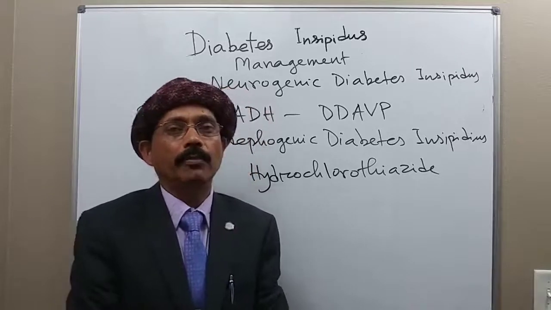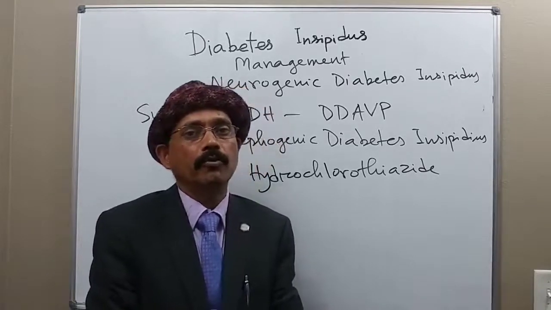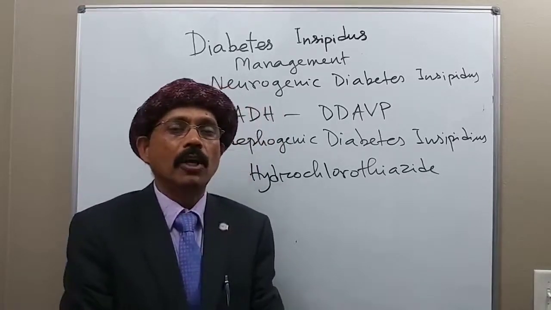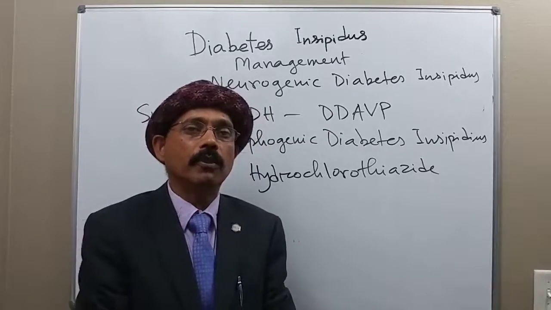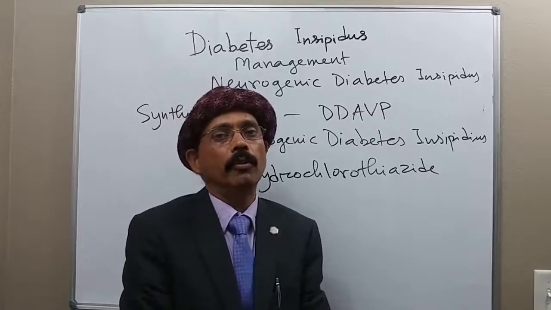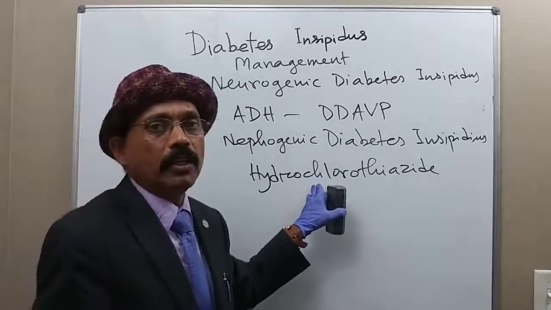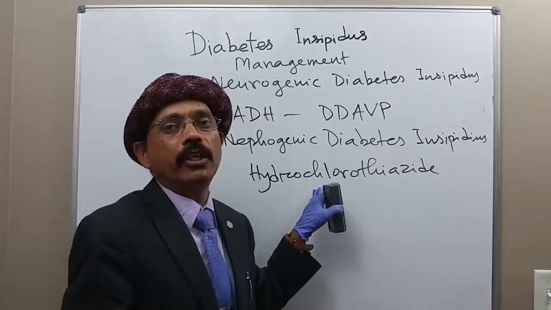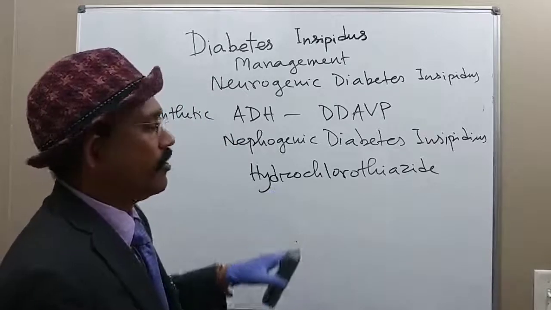Plus it also helps in the reabsorption of the glomerular filtrate from the proximal convoluted tubule. So sodium excretion plus reabsorption of glomerular filtrate from the proximal convoluted tubule of the nephron, it works, and it may decrease the urine output from 11 liters to 3 liters. So that is the management.